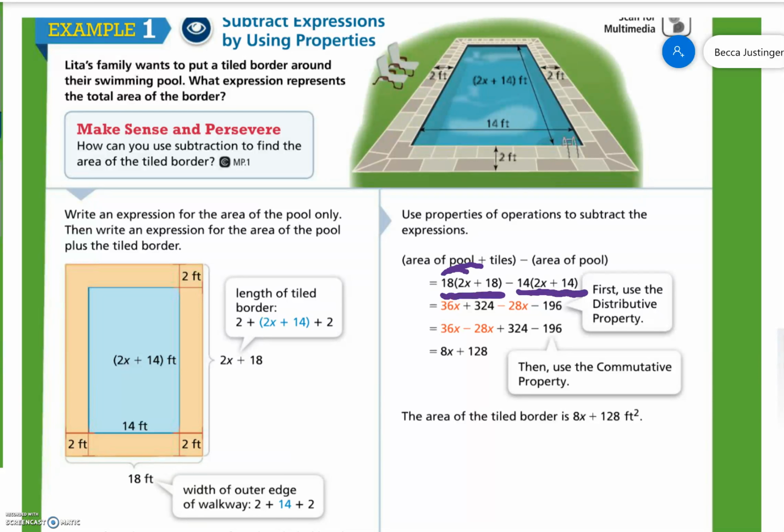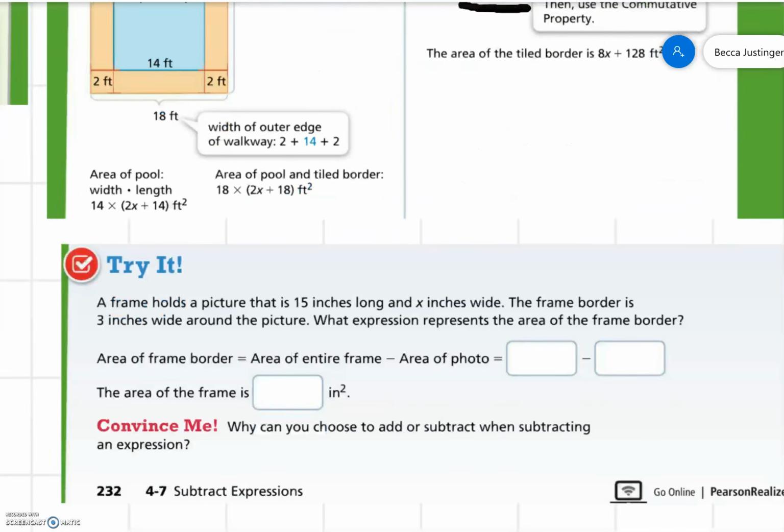So first we distribute, and they did that for us. 36x plus 324 minus 28x minus 196. Same thing we were just doing, combine like terms. 36x goes with negative 28x. 324 goes with negative 196, keeping in mind the signs, and solve.